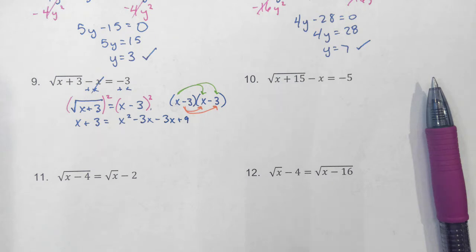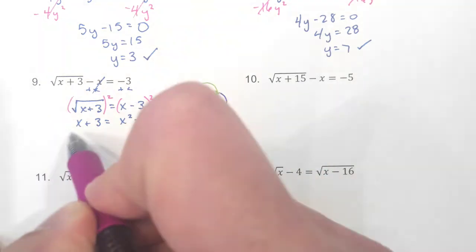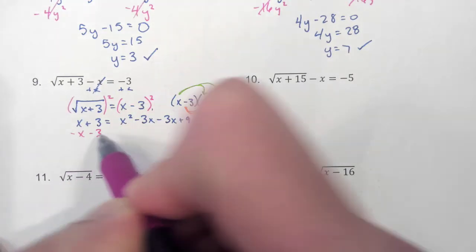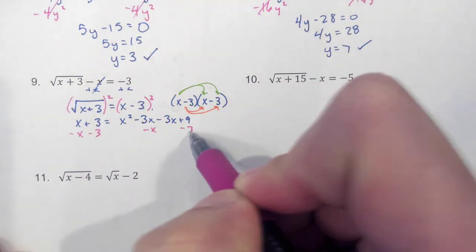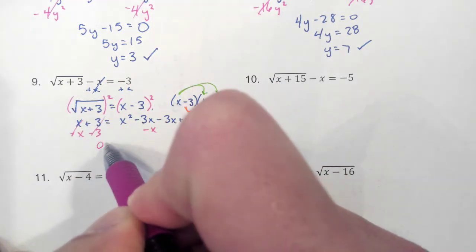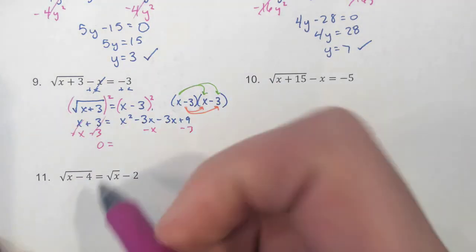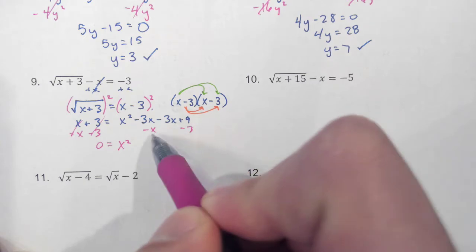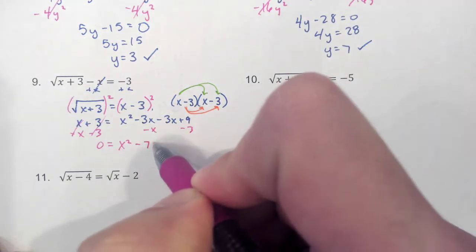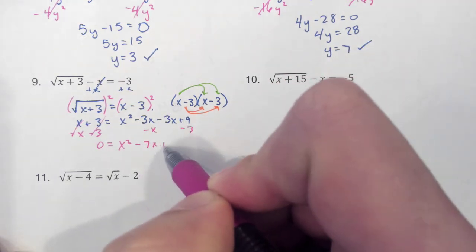Okay, so from this point, I need to get my equation set equal to 0. All right, so to isolate, we will subtract x and subtract 3 from both sides of the equation. So I'd have 0 equals, if I put all of that together there, that's going to be x squared, negative 7x, and that's going to be positive 6.